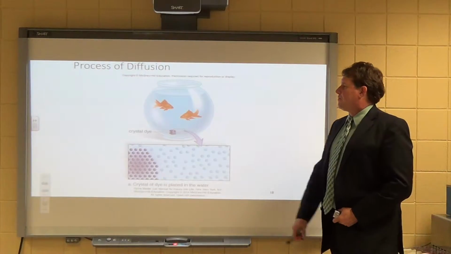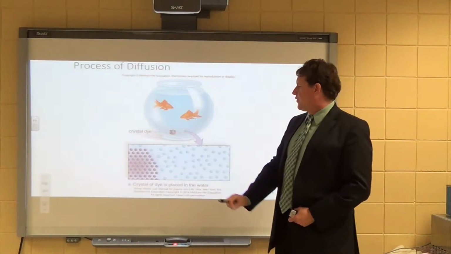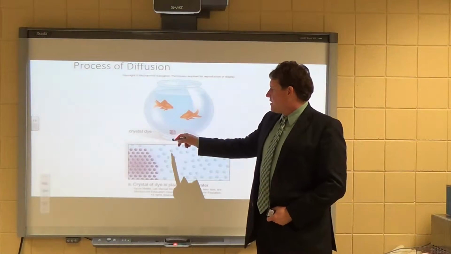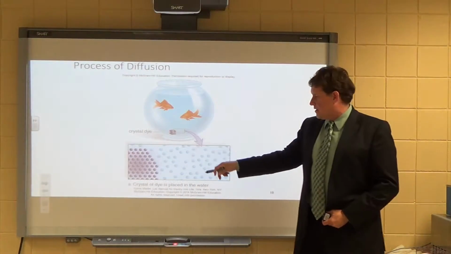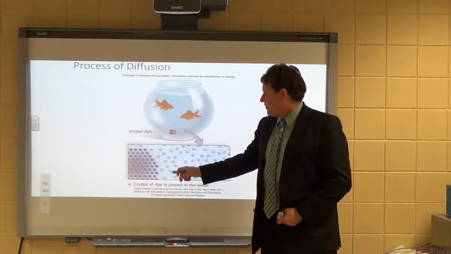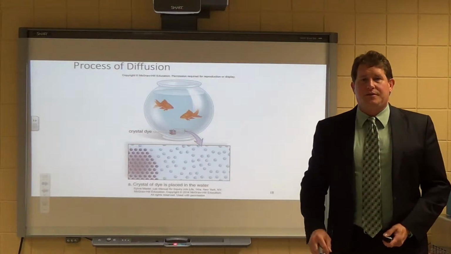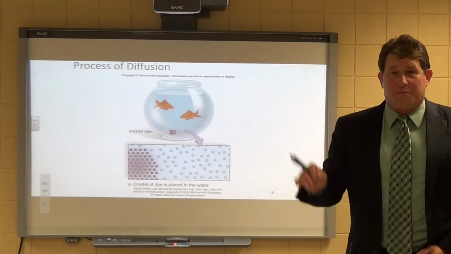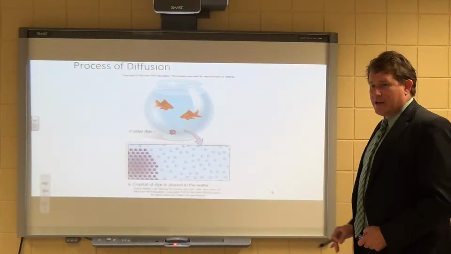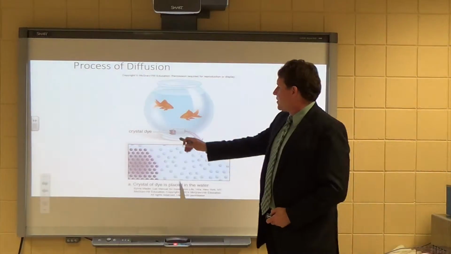So just looking at this for a minute, here's a dye in a goldfish bowl. You drop the dye in, here it's a solid. The solid starts to come off as the water molecules interact with it. The water molecules dissolve it, and now it becomes the solute.